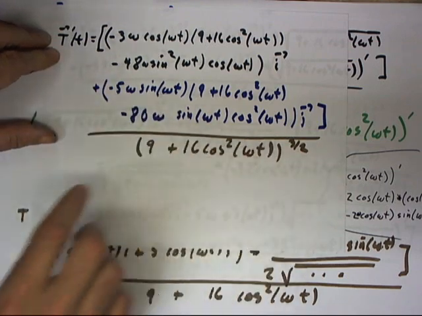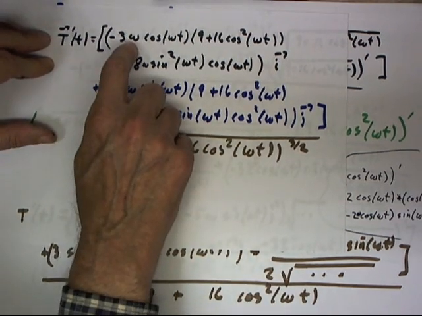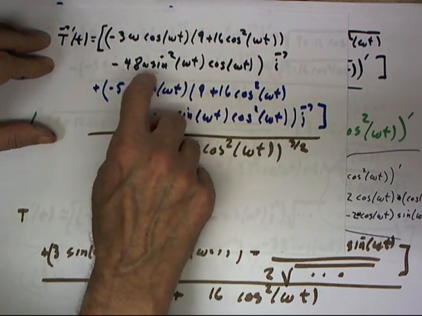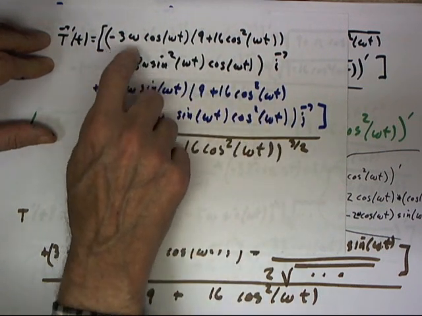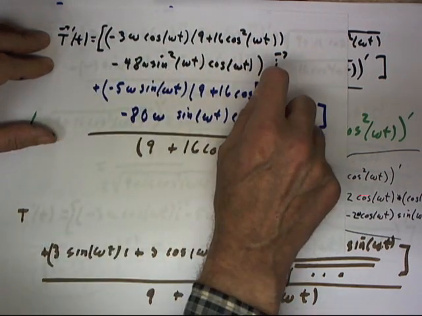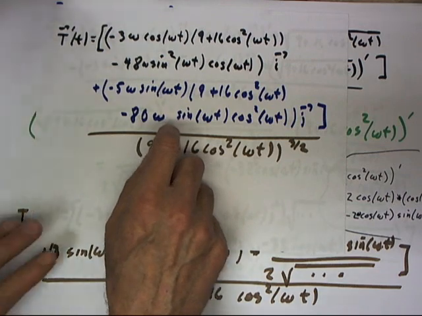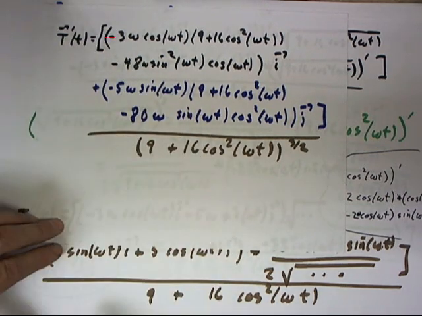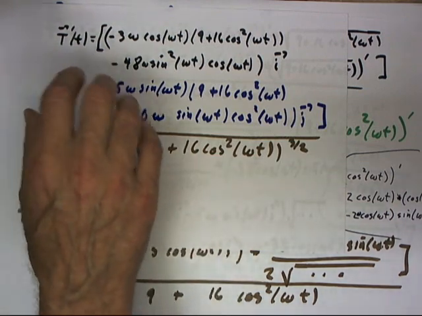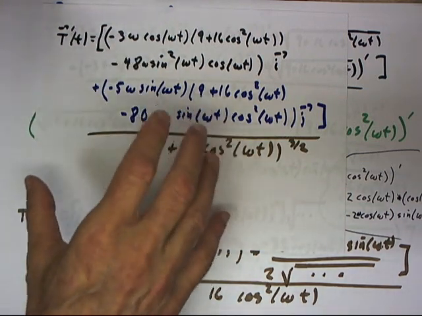A couple of things that we should check. We have a factor of omega on the cosine of omega t here, a factor of omega here, so that there's a factor of omega on the pure numbers that we get throughout the i component, and similarly here. Meaning, of course, we could factor out the omega from the entire expression. And that would be easy to do.